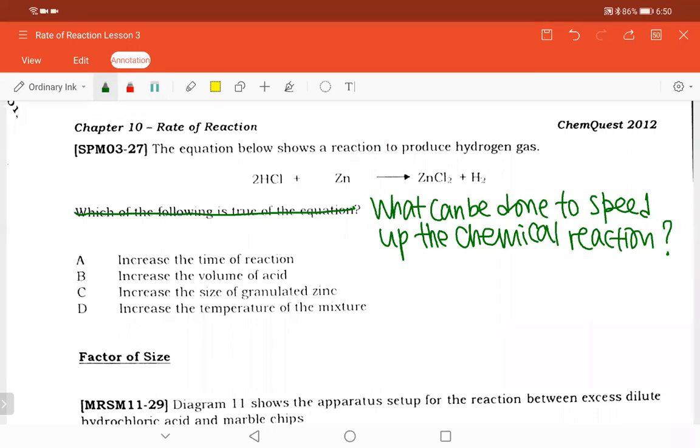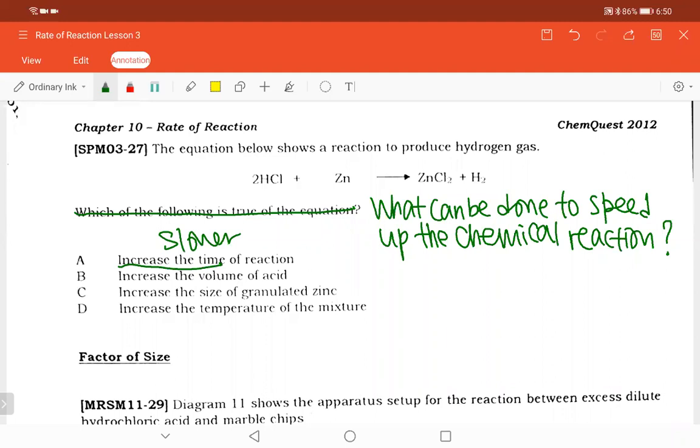We have 4 answers here. A, increase the time of reaction. B, increase the volume of acid. C, increase the size. D, increase the temperature. A, increase the time: when we increase the time, the reaction should become slower.